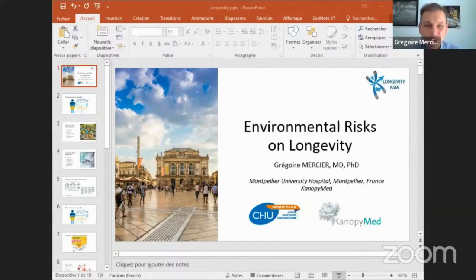So thank you very much again for the invitation, and let's move from the skin, with this very interesting presentation just before me, to the environment. So let's change scale in a way. My focus today is about what we know of the environmental risks about longevity, and what can be done at various levels to address these risks.